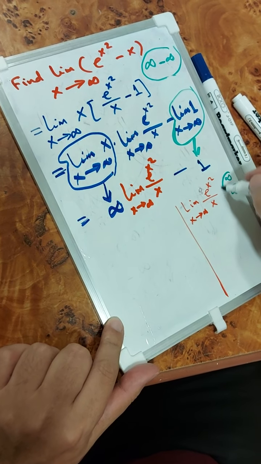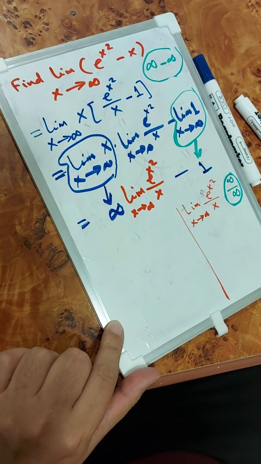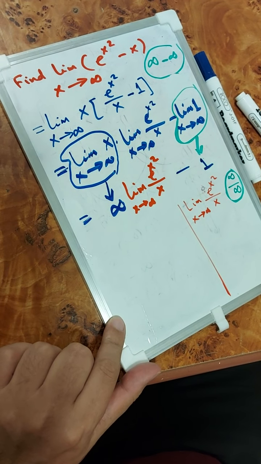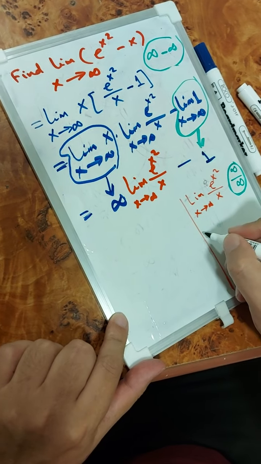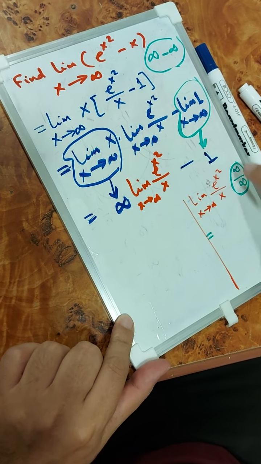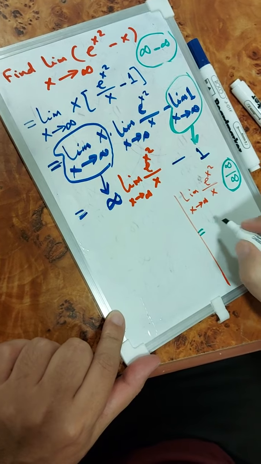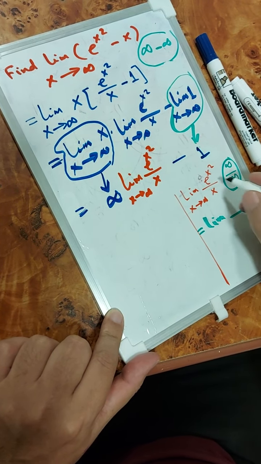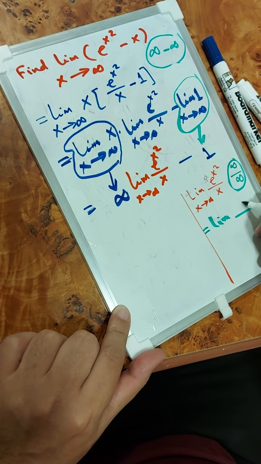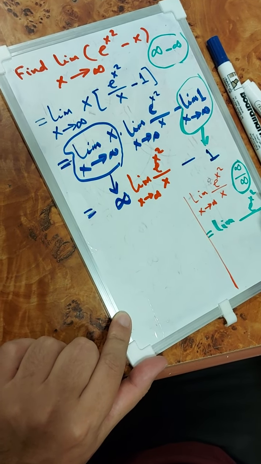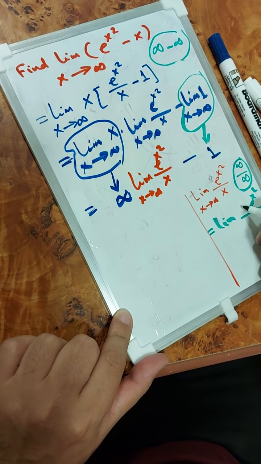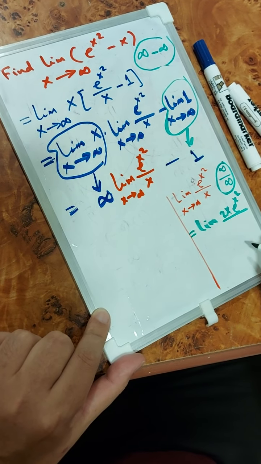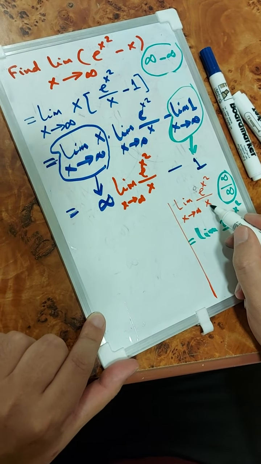So here we have an indeterminate form of type infinity over infinity. So to this limit we can use L'Hopital's rule. L'Hopital's rule states that if we have this indeterminate form of type infinity over infinity, then we can differentiate the numerator and denominator. The derivative of the numerator is e power x squared as itself, multiply the derivative of the exponent, 2x. The derivative of the denominator x is 1.